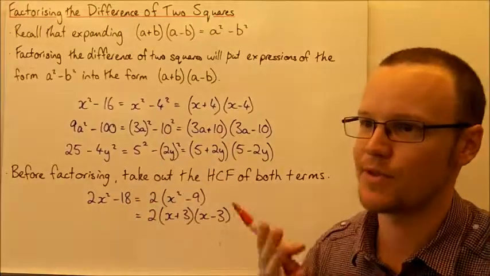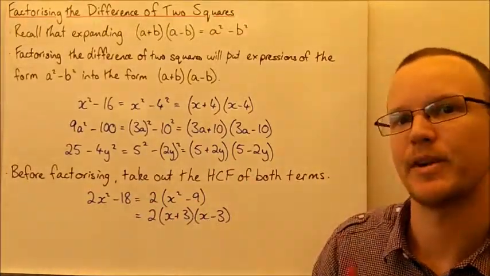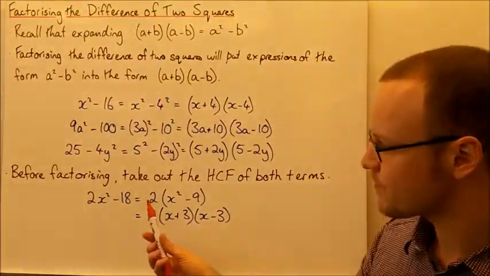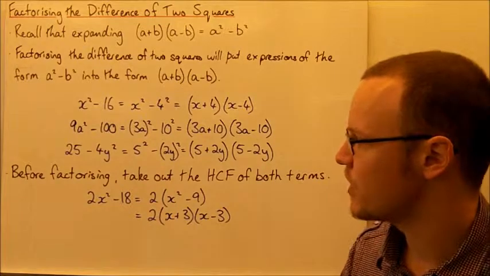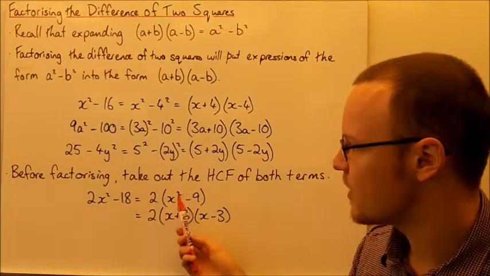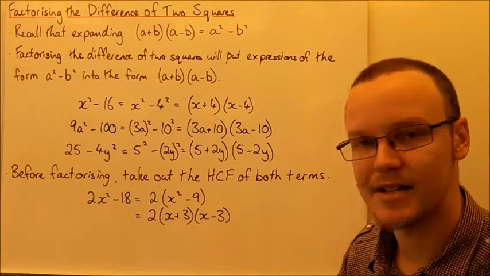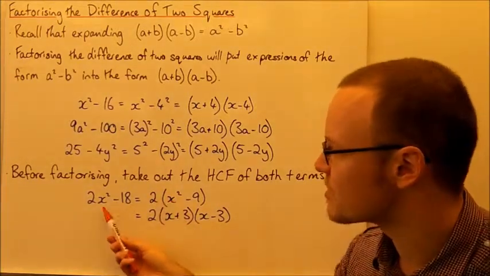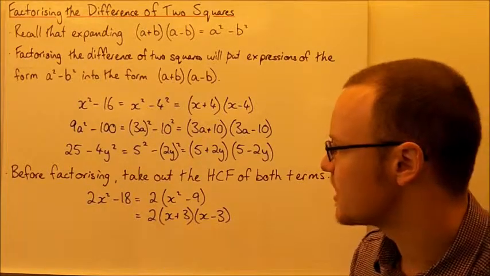If I wanted to find the square root of 18, that is not going to be a rational number either. It's going to be a surd. So we do have the highest common factor of 2 between them though, so we can take that outside, divide both of the terms by 2 and say 2 times x squared minus 9, because 2 times x squared is 2x squared, and minus 9 times 2 is minus 18.